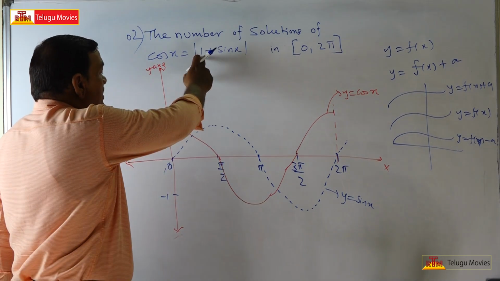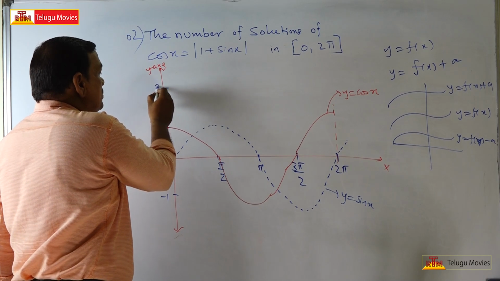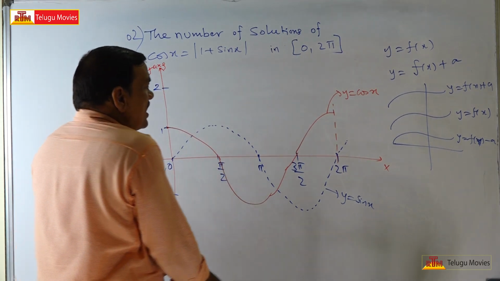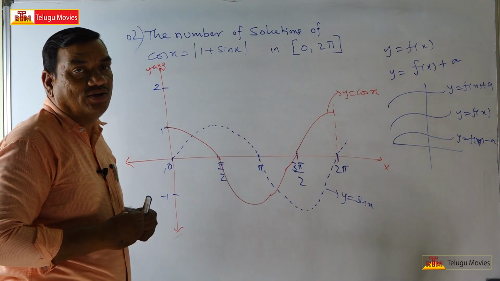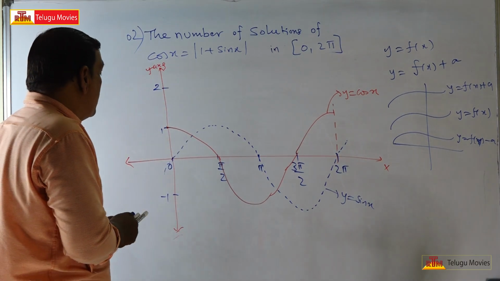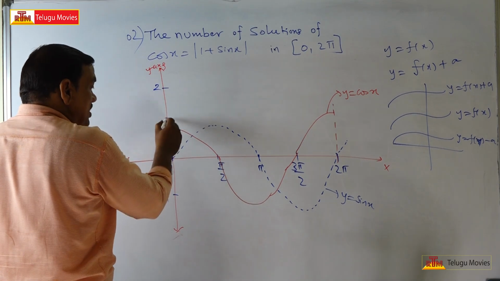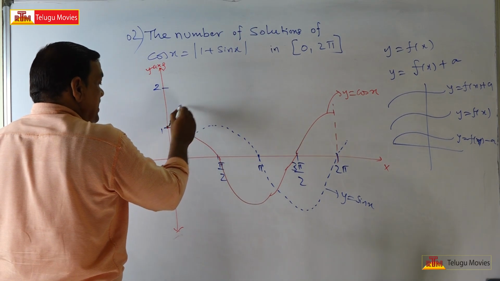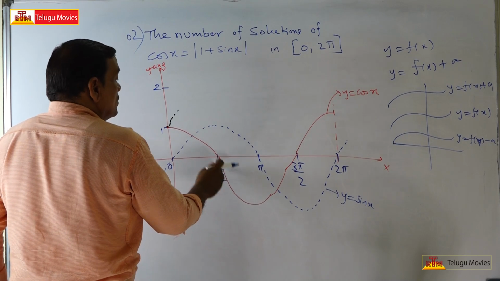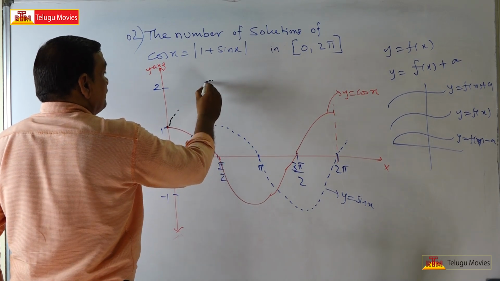So here, plus 1 is there, so the total graph is raised by 1 unit above. So at 0, it will start raised to 1 here. Then at pi by 2 it will come up to here. Again at pi it will come to here.